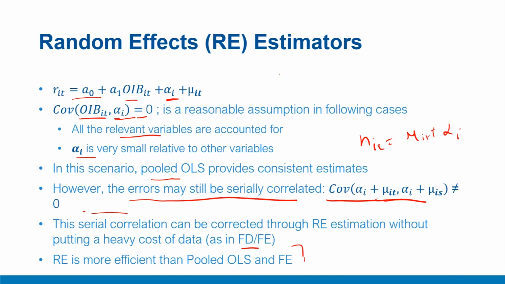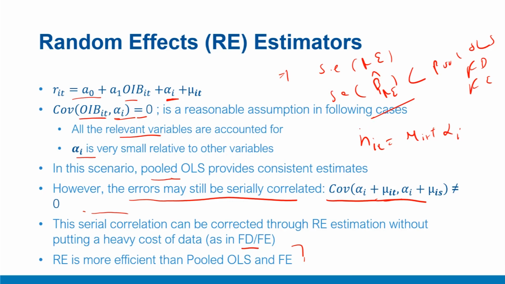Why? Because it is believed that the standard errors of the random effect estimates, beta RE, are often found to be lower than pooled OLS or FD or FE estimates. This is a very useful property, which means the efficiency of this estimator is higher than FD, FE or pooled OLS.